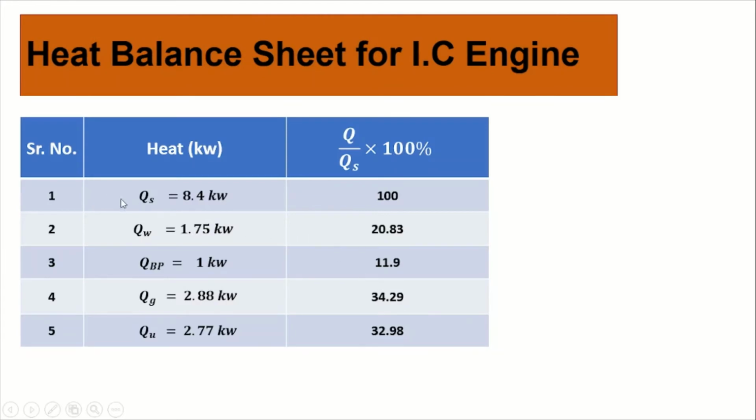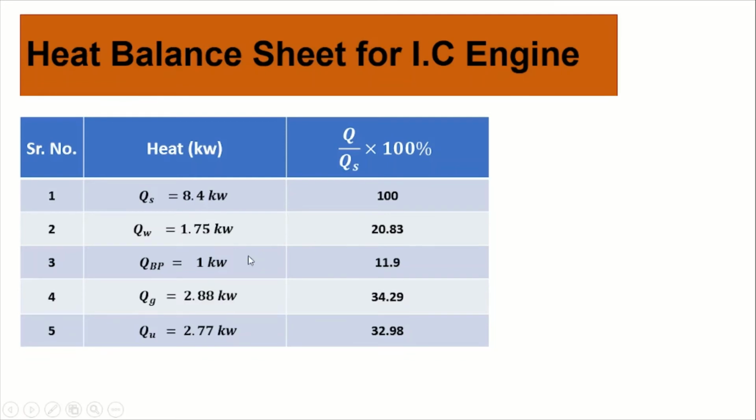Here the supply heat is 8.4 kilowatt, 100%. The supply heat is divided into four parts. First part is water absorption, second part is power developed by the engine, third part is heat absorbed by the hot gases, and fourth is unaccounted losses. Here the heat absorbed by water is 1.75, which consumes 20.83 percent of the supply heat.